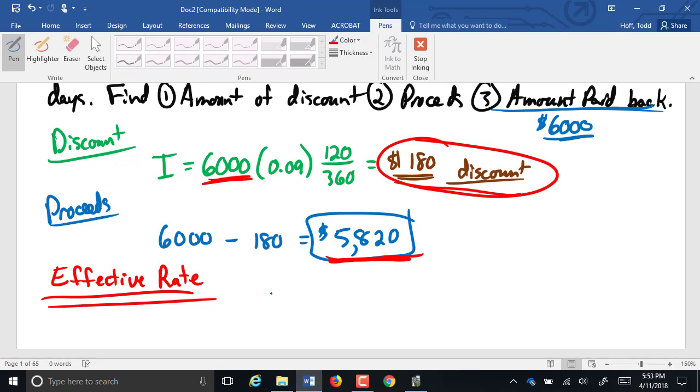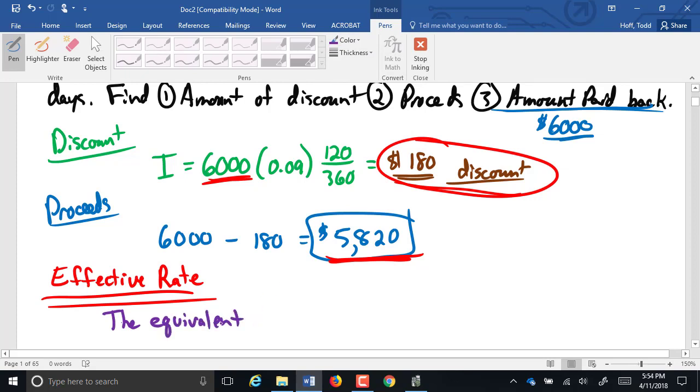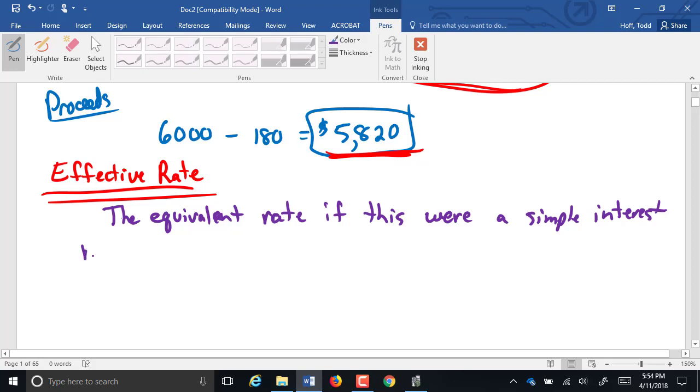What would be the equivalent rate if this were a simple interest note with principal equal to the proceeds of the discount note?